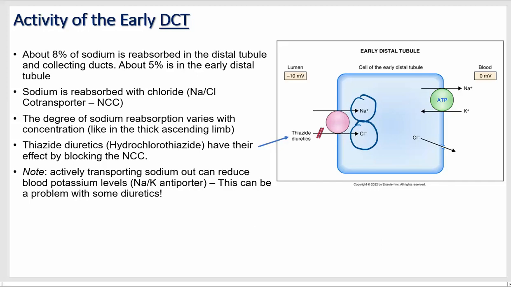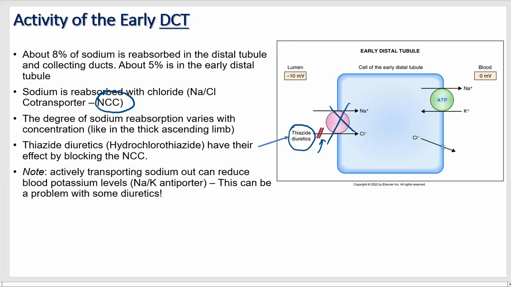All right. The reason we're talking about this, and we have a special slide for this particular mechanism, is because thiazide diuretics can block this NCC. Remember, sodium's trying to get into the cell and it's pulling chloride with it. The slide shows the effect on the chloride binding side, which is true, but it shuts down the whole thing.